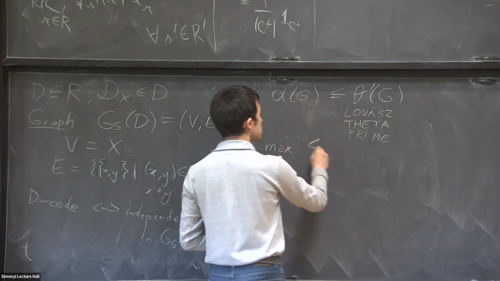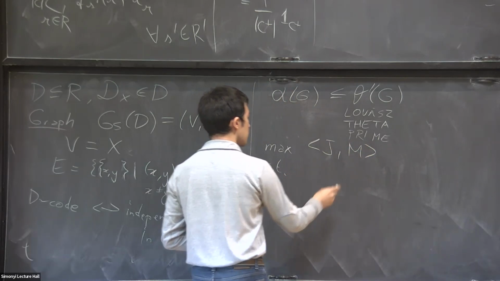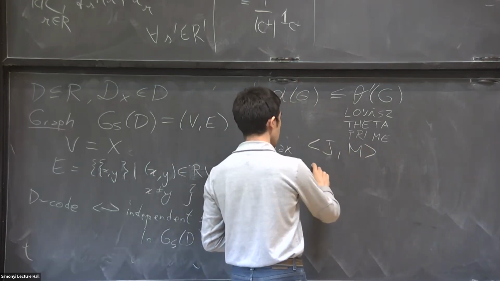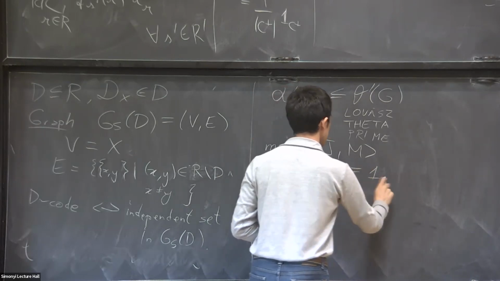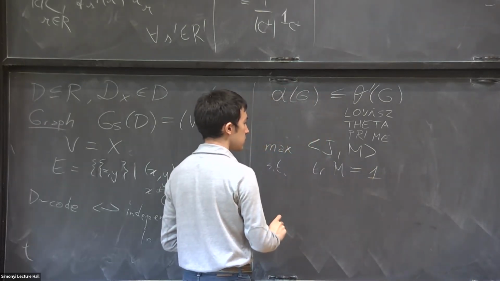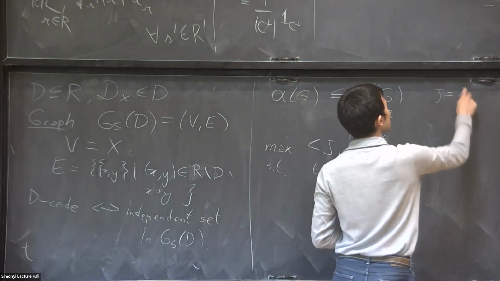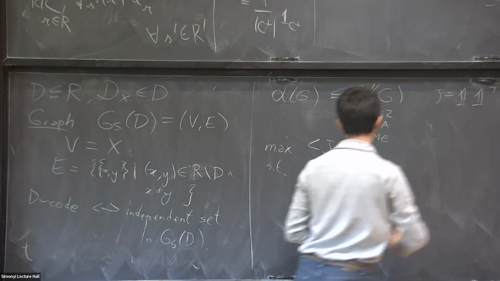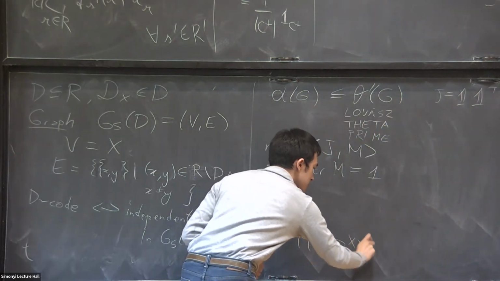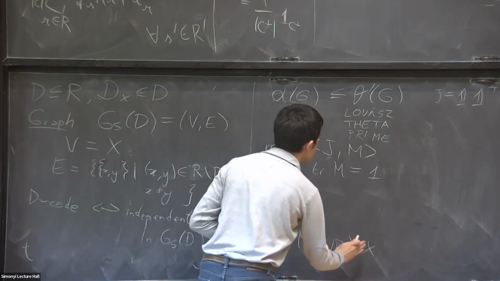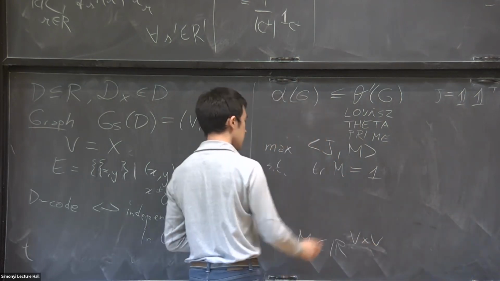Take the maximum of the inner product of J and M subject to: the trace of M is 1. M is a set of variables. J is the all-ones matrix, that is, 1 times 1 transpose. M is going to be the variables over E. Trace is 1.